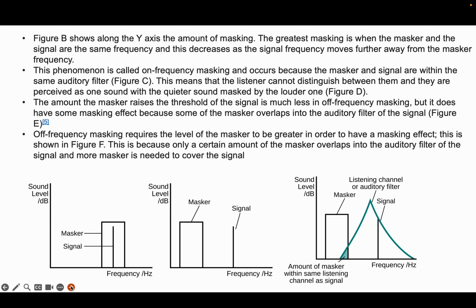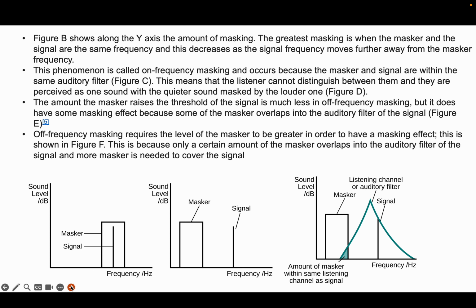So figure B basically shows the y-axis as the amount of masking. The greatest masking is when the masker and the signal are the same frequency, and this decreases as the signal frequency moves farther away from the masker.